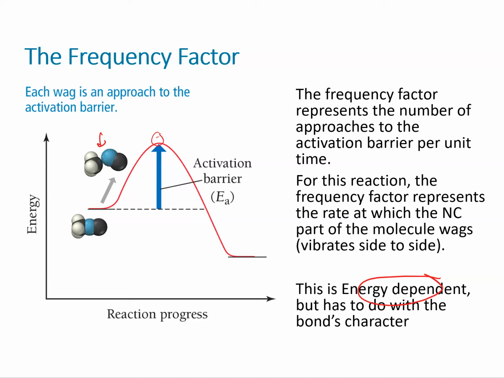Now, if you have a really strong bond, a really stable low energy bond, it's going to take a lot more energy to get that bond to stretch, lengthen, and, to use the book's term, wag, so that it rotates out of plane. So remember, weaker bonds are more susceptible to this wagging, stretching, vibrational motion, which can move things towards an activation energy barrier, whereas stronger bonds are going to take a lot more energy. However, with enough energy, we can do all kinds of cool things.